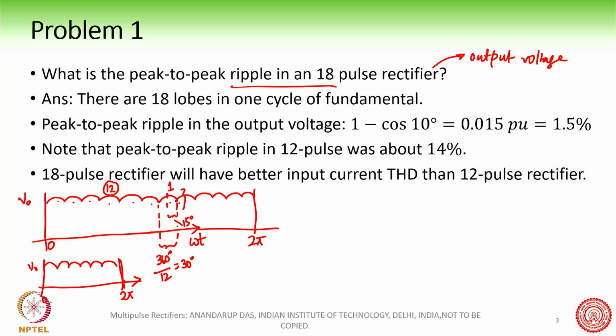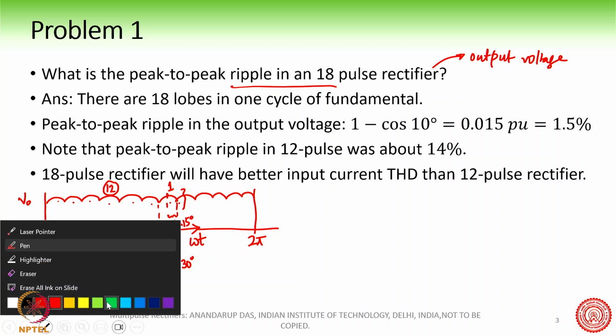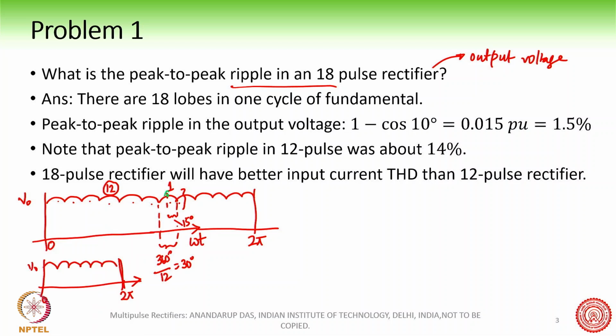If this point is 1, this point is basically cos 15 degrees, which I vaguely remember as roughly 0.95.